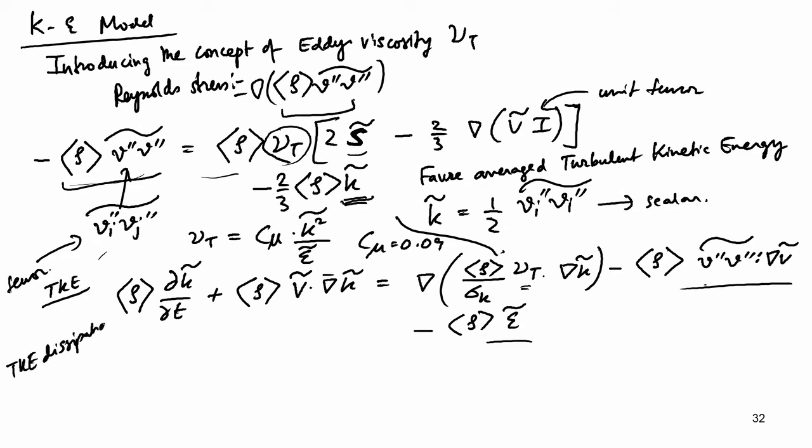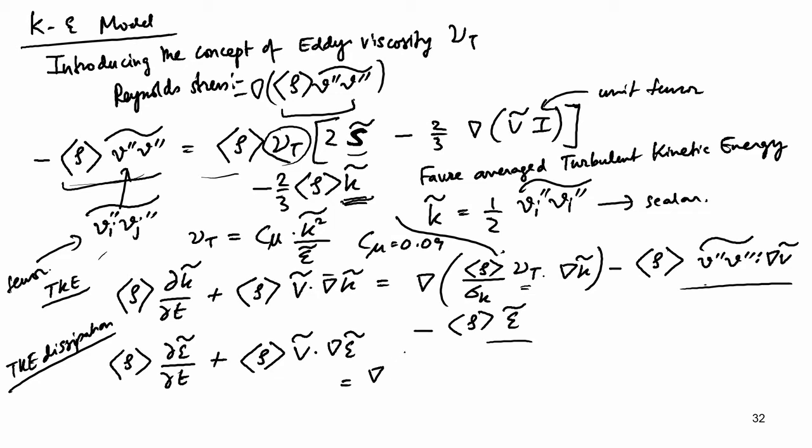This equation is essentially an ad hoc equation, and you cannot derive it ab initio. Rather, it comes from the fact that this dissipation should also look similar to the previous equation. So, that is this term is equal to divergence of mean density nu t.